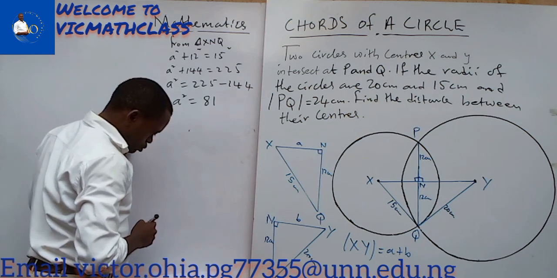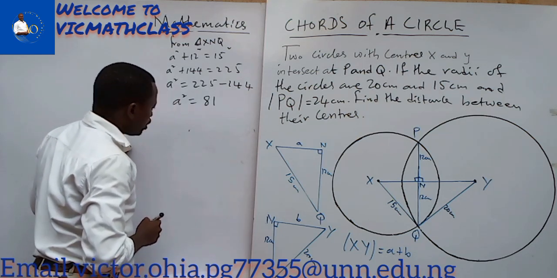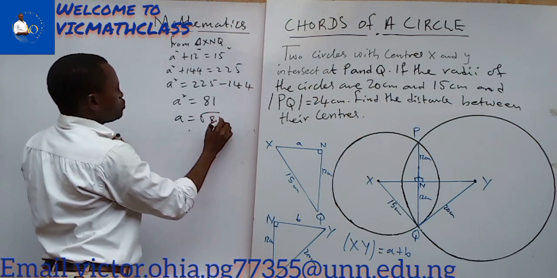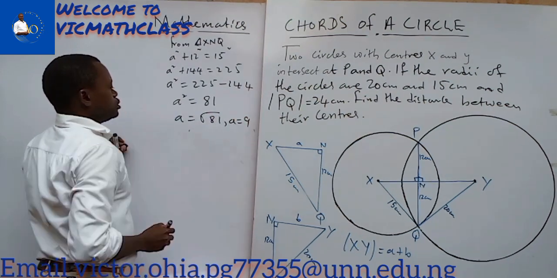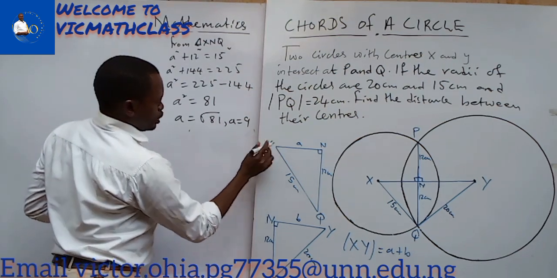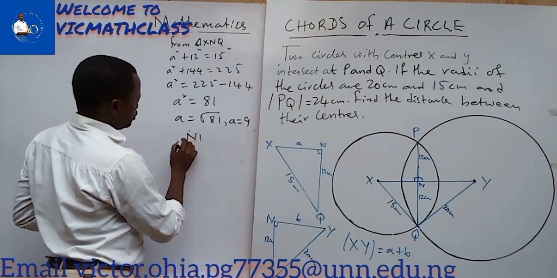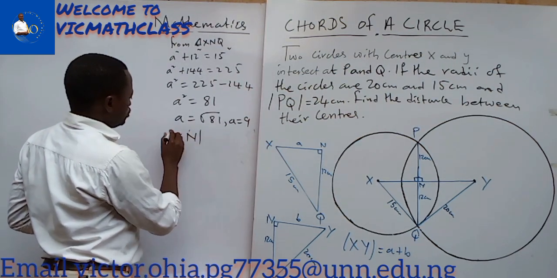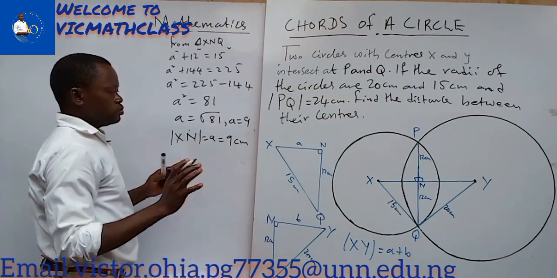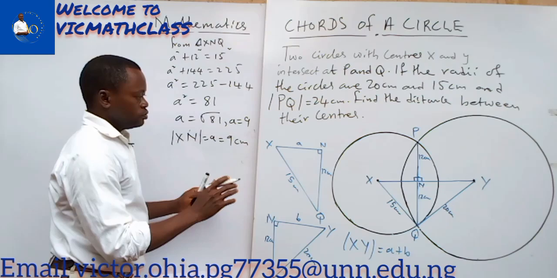So we will now have A is equal to the square root of 81. The square root of 81 is 9. It then means that XN, which is equal to A, is equal to 9 cm. We keep that.